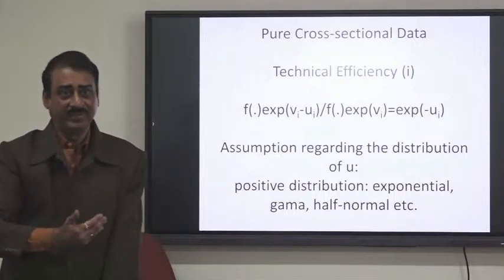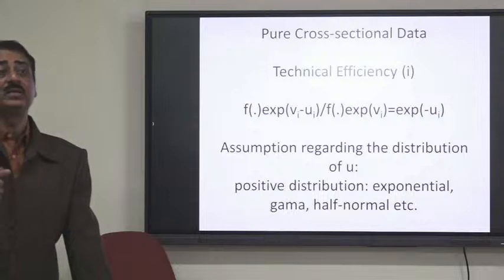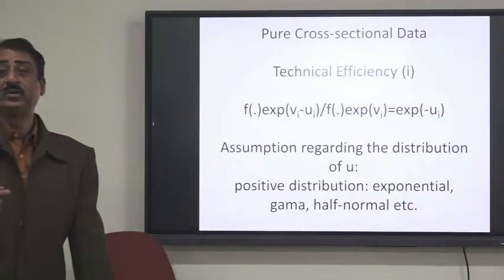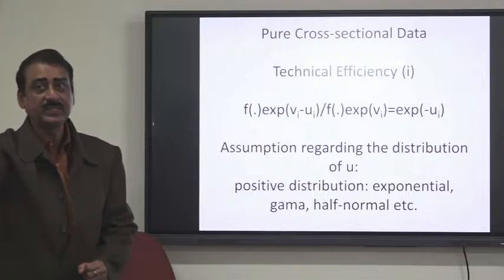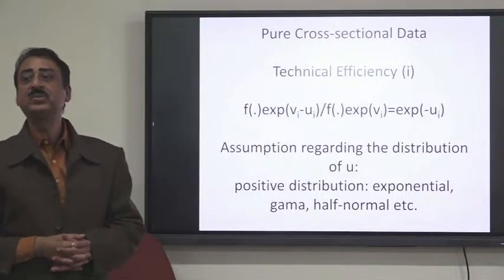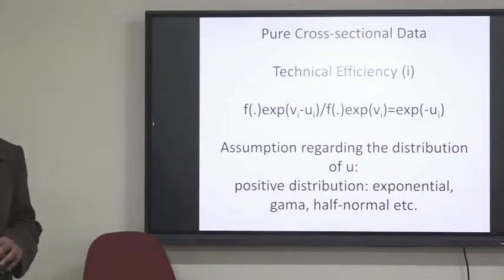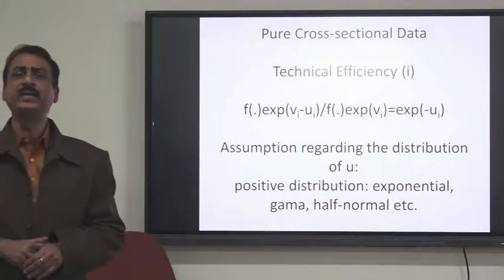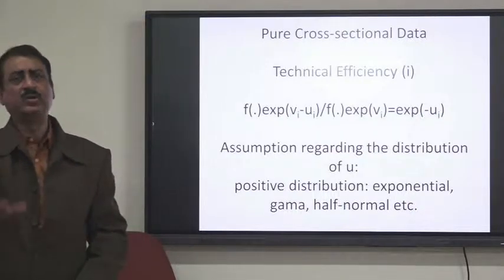So technology is given, and then you are trying to see which farm or which industry is using that technology to what extent. Your farm is using maybe 70%, my farm is using 60%. That is what we should be able to estimate. And that is also a very important exercise. There are some industries where you will find most of the farms are much, much below the frontier.